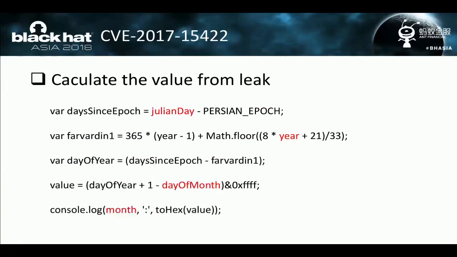Then we calculate the value from the leak. The Julian day is the input. The year, the day of month and the month can be leaked. So we can calculate the value leaked from the memory.